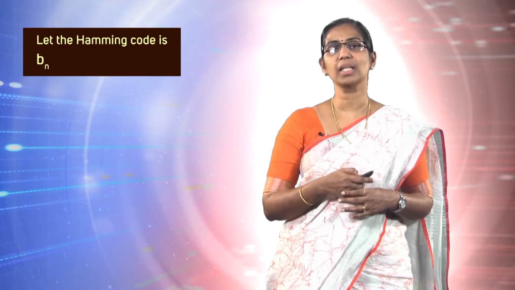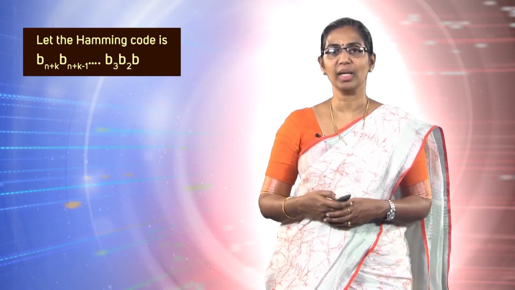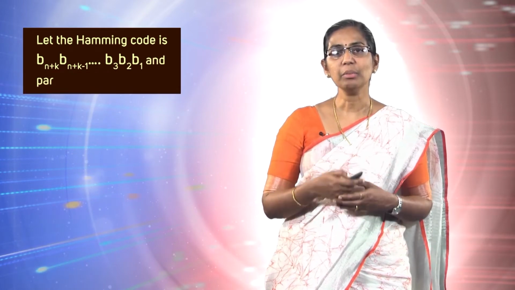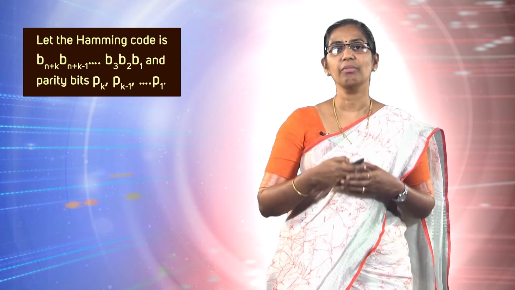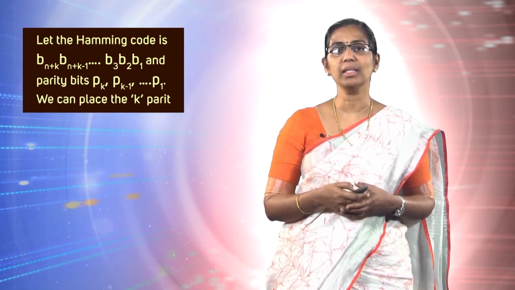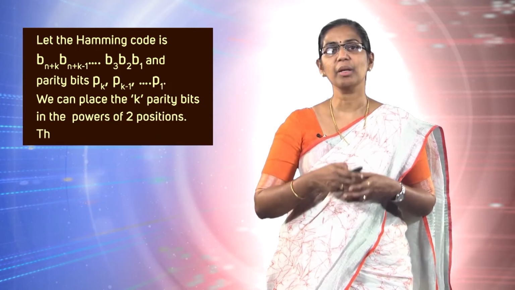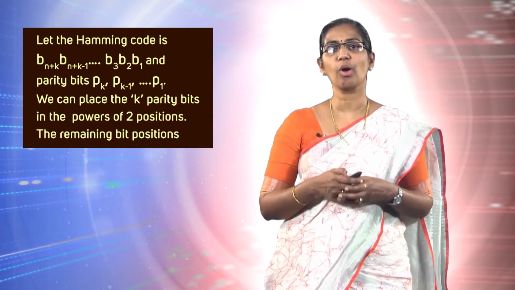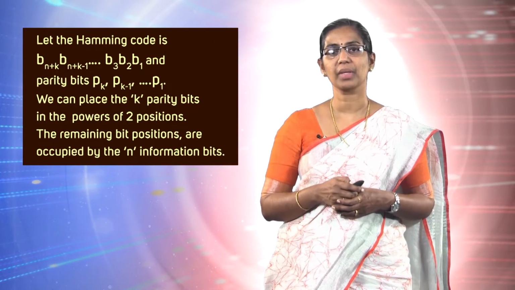Let the Hamming code be Bn plus k, Bn plus k minus 1, etc., B3, B2, B1, and the parity bits are Pk, Pk minus 1, etc., P1. Then we can place the k parity bits in the powers of 2 positions.